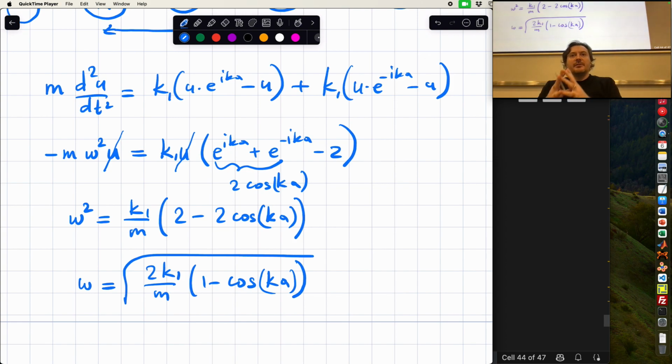What we have achieved is the following. As the number of atoms grew, we got more and more modes, right? But they would fit on a curve. So what we achieved is that we have found omega in terms of some number k, and k is a real number. k can be anything.